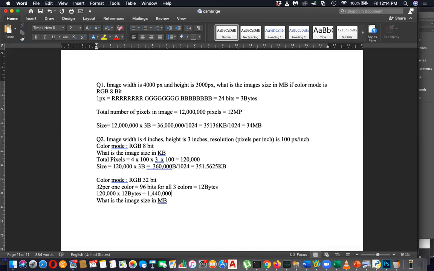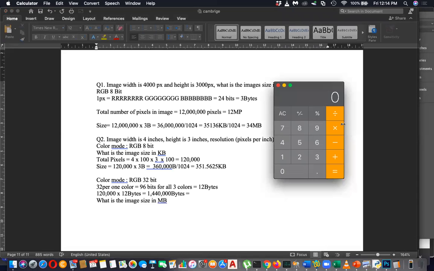This is the bytes. So this is equivalent to 1.4 million, 1,440,000, and divide by 1024 will give you 1406, and again divide by 1024 will give you 1.3 megabytes.